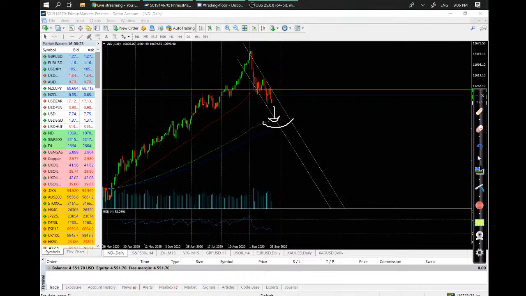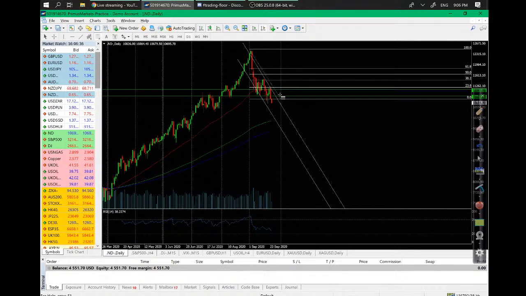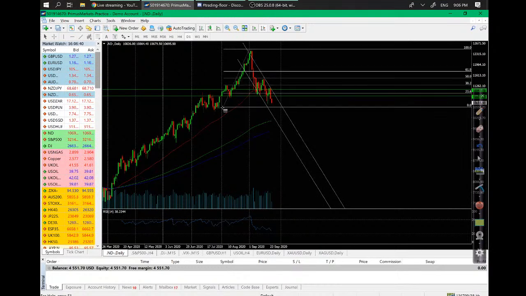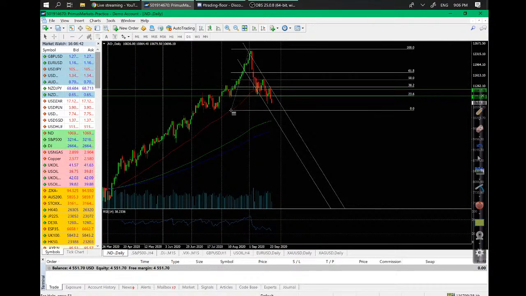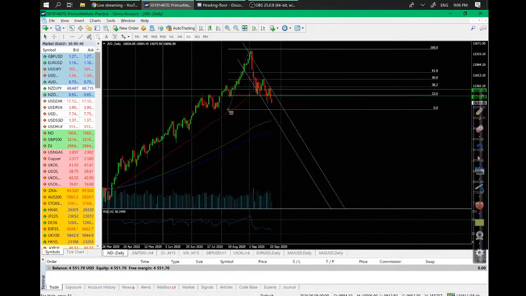It's possible. Actually, let me just drop the fib here and see what we are actually looking at. So looking at this, from this point, we're going to drop the fib to the previous lows here.